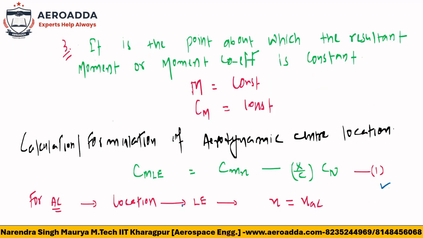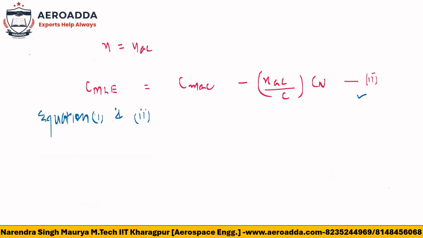CMLE is constant, so we get Cm x minus x by c, Cn, is equal to this, which is nothing but Cm ac minus x ac by c Cn, right?